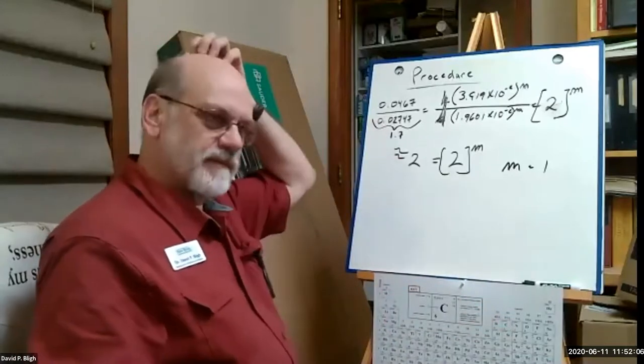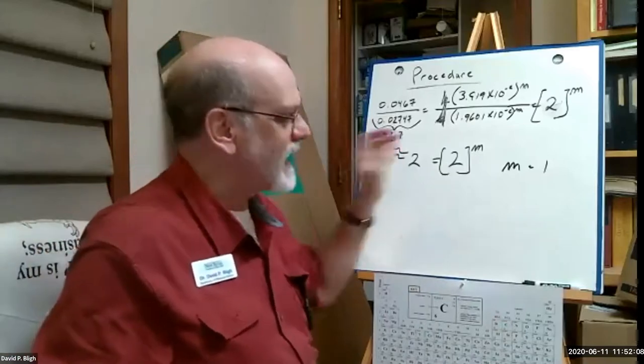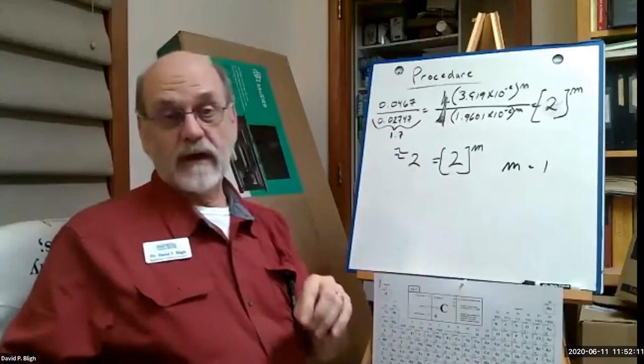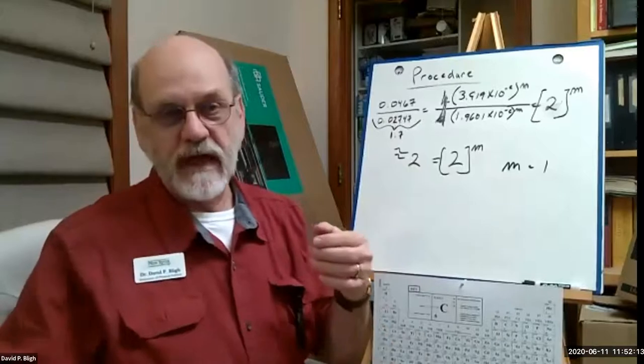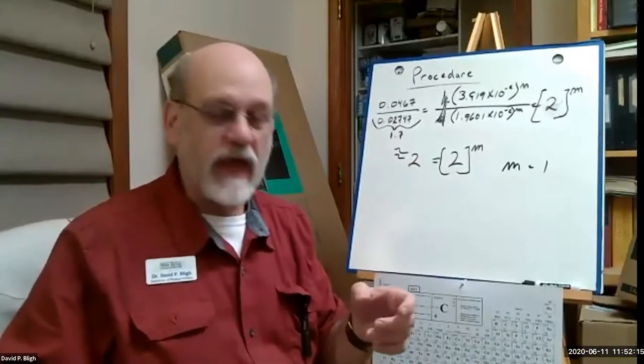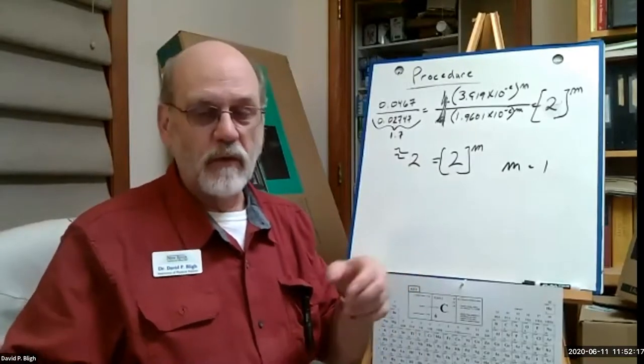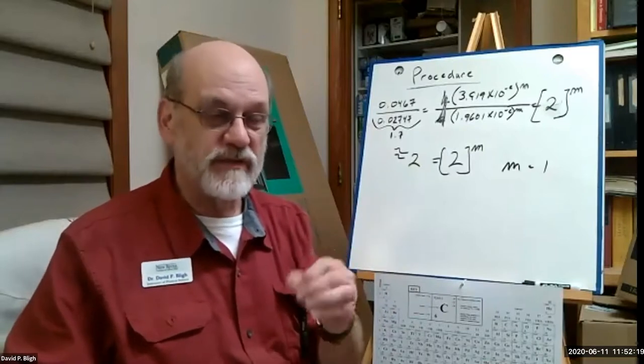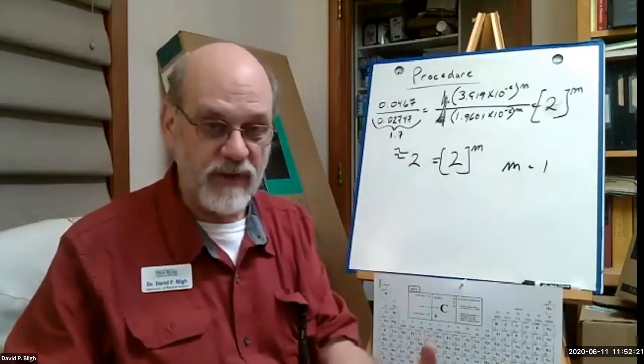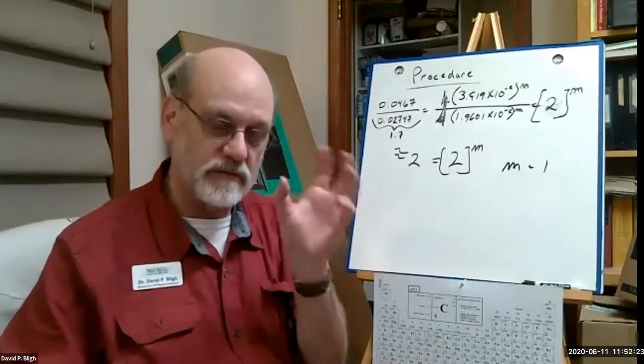But in this case, if we need to find out exactly what m is, and remember, I said in the lecture that the orders don't have to be whole numbers. We studied them as whole numbers because it's easier to deal with the information and get a handle on what's what.